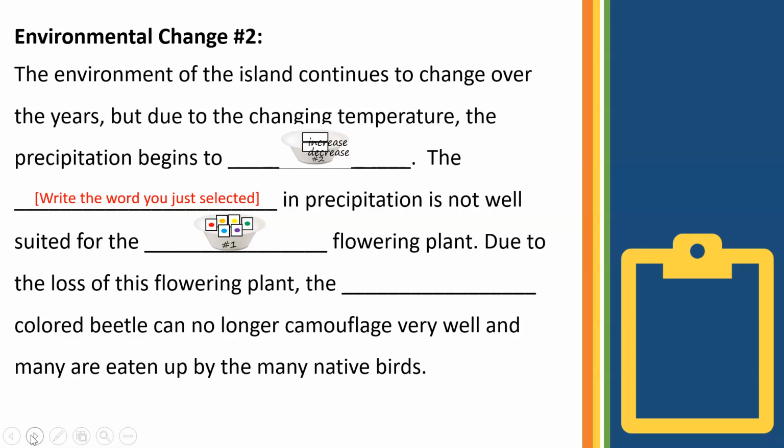Remember, don't put that color back in the bowl. Due to the loss of this flowering plant, the color you just selected, that beetle can't camouflage very well, and they get eaten up by all the native birds. So remove all of those colored beetles from your bowl 3. See, the population is changing again.